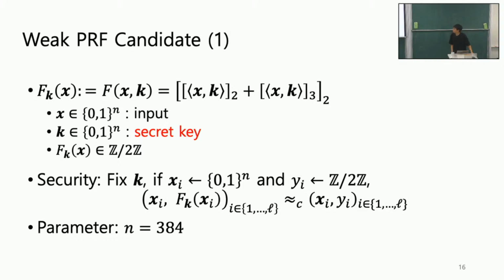The secret key is the same as the previous slide, which means fix a K, then anyone cannot distinguish two joint distributions whenever Xi's are sampled from the binary space. The current parameter is set as n is 384, which means when you use this n, it is secure against unknown attacks.